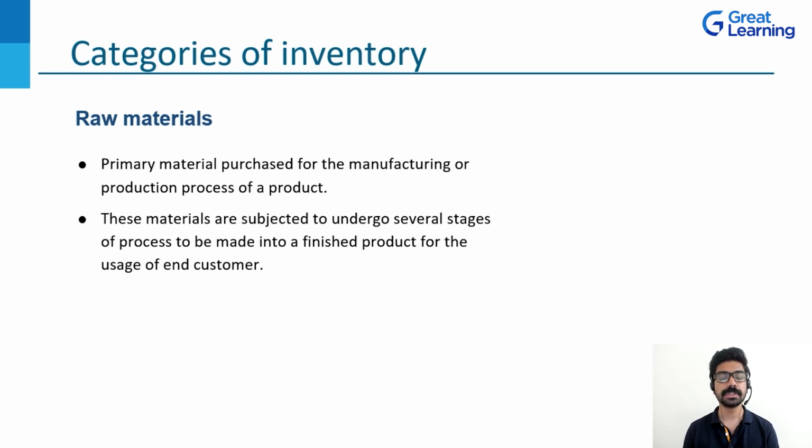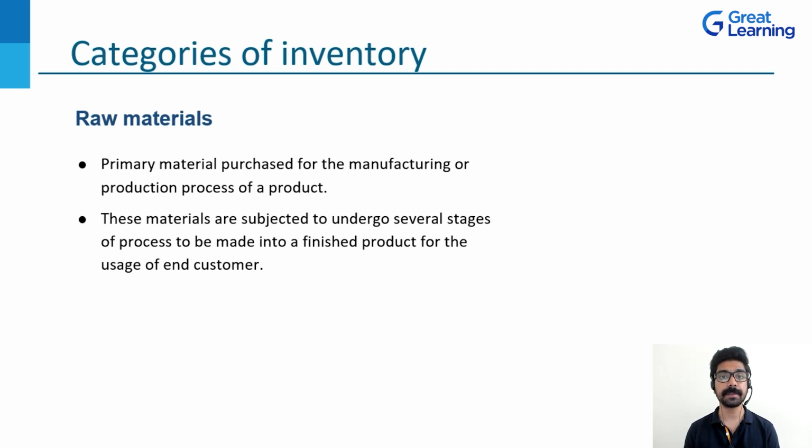For example, if you're in the baking business, you need to have all the raw materials to cook that. For cooking, what all things do you need? Flour, salt, water, spices, and vinegar. All these elements and components are considered raw materials, and they are put in various ratios to get the particular product done.